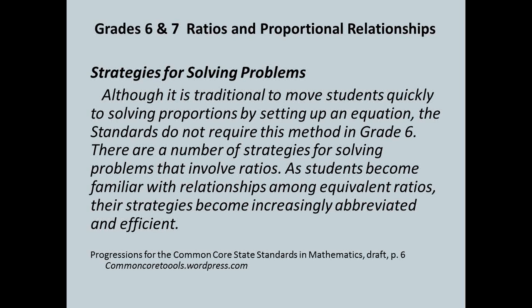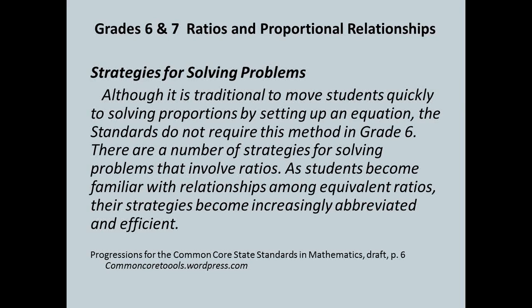The writing team of the Common Core State Standards for Mathematics have shared further information and insight in the progression documents. From the progression document titled Ratio and Proportional Relationships, grades 6 and 7, we are reminded that students need to spend time developing a conceptual understanding of ratio and proportional relationships using the models.